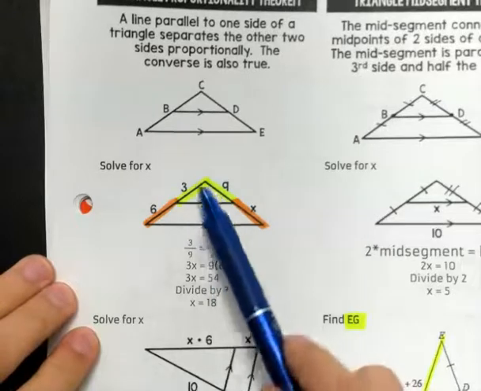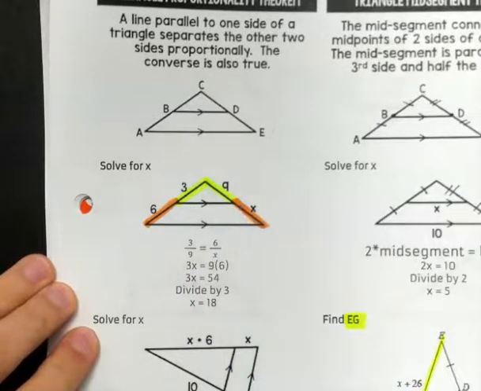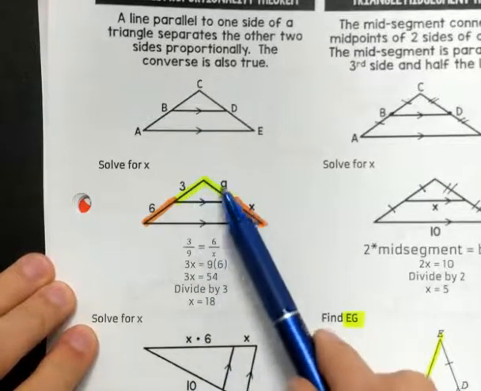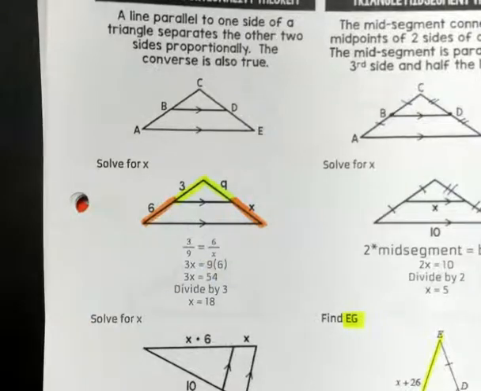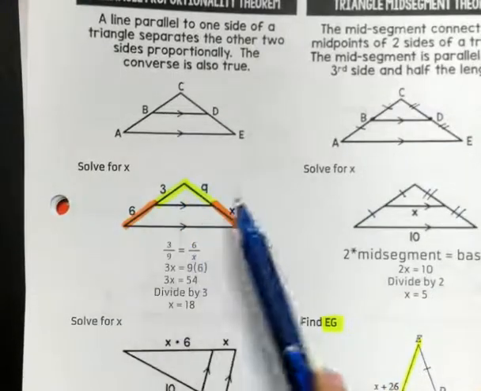So 3 divided by 9 is equal to 6 divided by x. That works. You could have also done yellow divided by orange equals yellow divided by orange. Either way, it doesn't matter as long as you follow the same pattern both times. Okay? So this divided by that equals that divided by that.